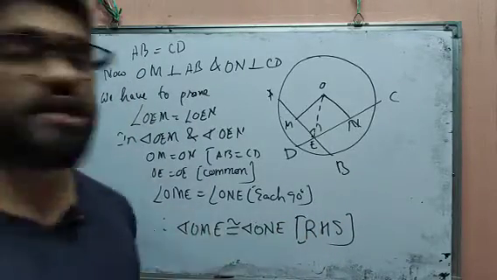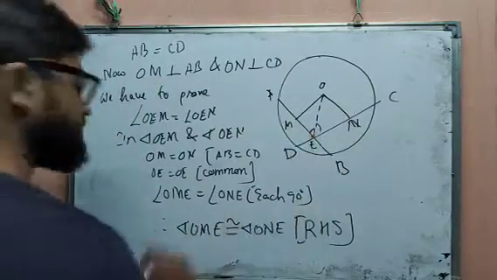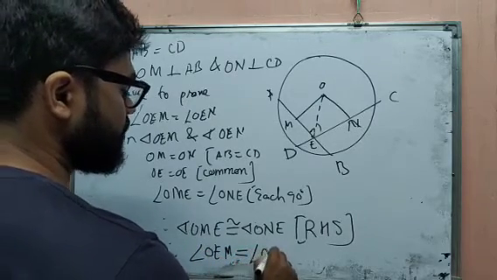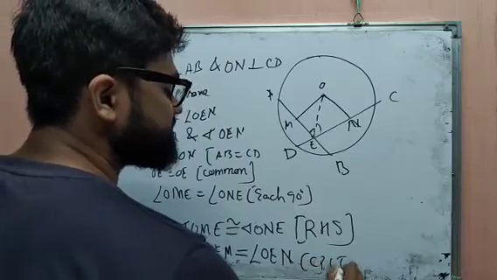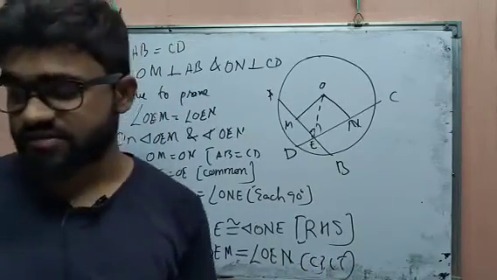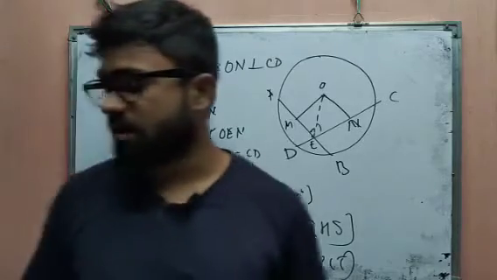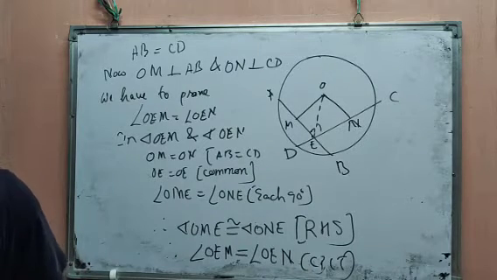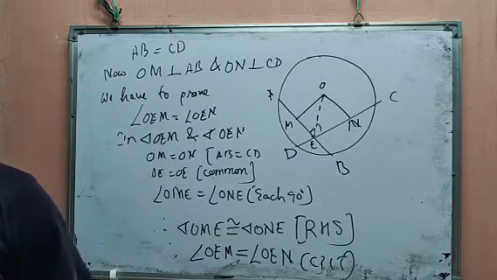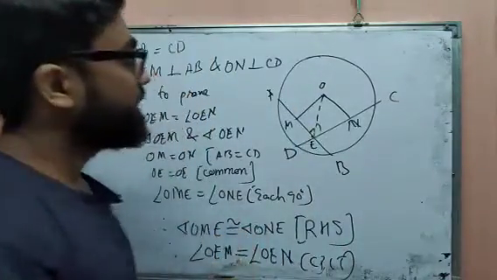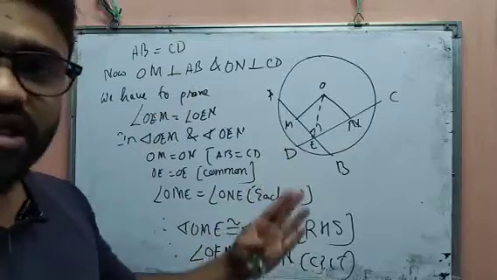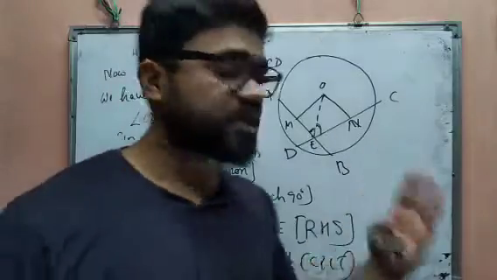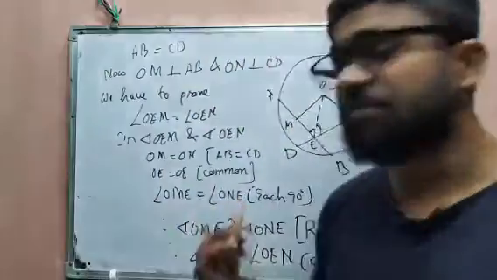As these two triangles are congruent, these angles are corresponding parts, therefore angle OEM is equal to angle OEN by CPCT. We were asked to prove that the line joining the point of intersection of the chords to the center makes equal angles with the chords, and we have proved it. This is a simple way to do it.